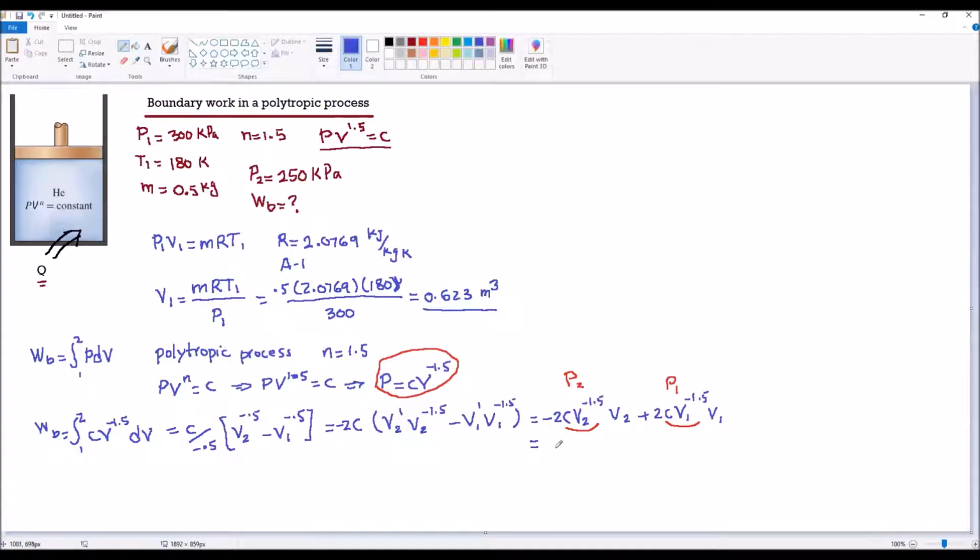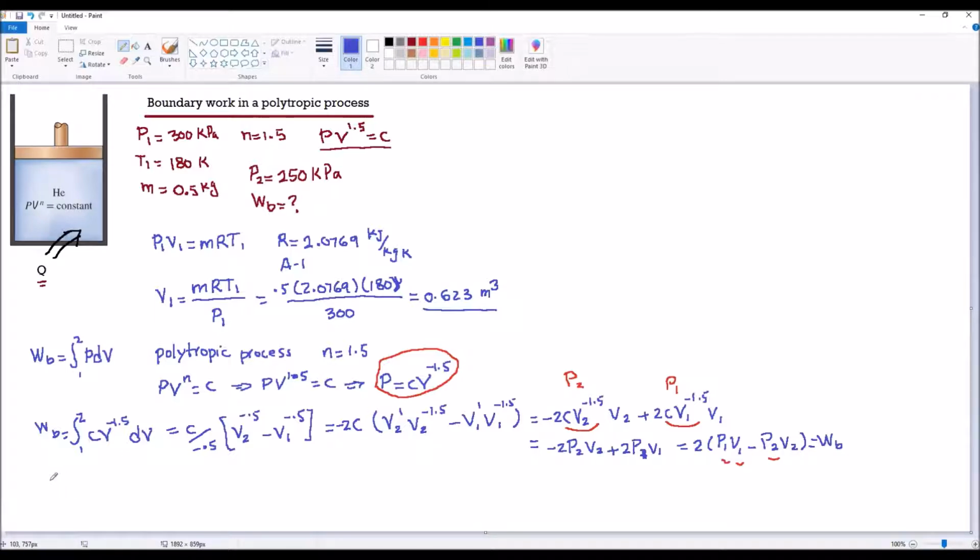It means that I have negative 2 P2 V2 plus 2 P1 V1, or switching places, 2 times P1 V1 minus P2 V2. This is the boundary work during this process. We just need to plug in some values. Now, looking at what's available to us, we know P1, we know V1, P2 is also given, but we don't know V2.